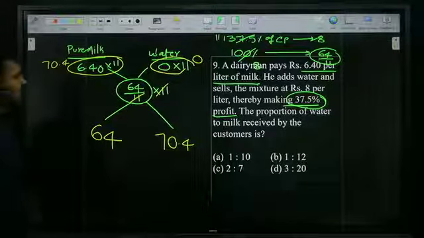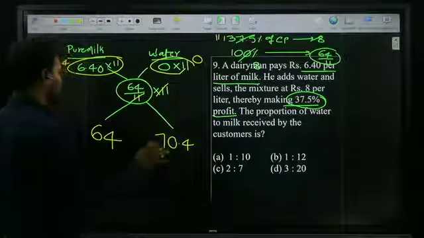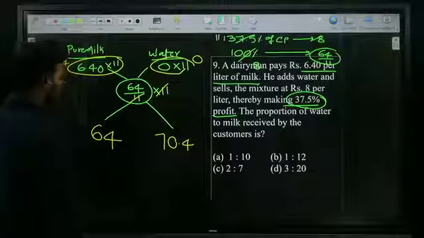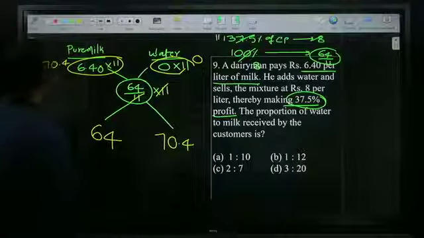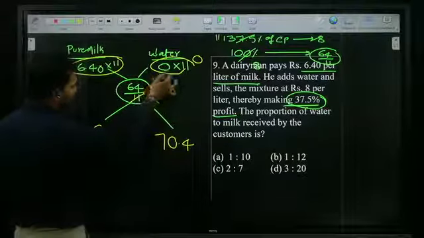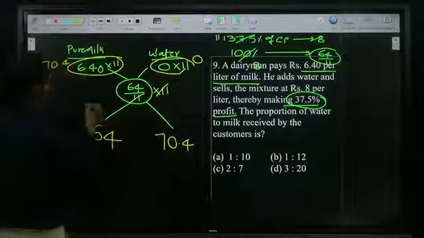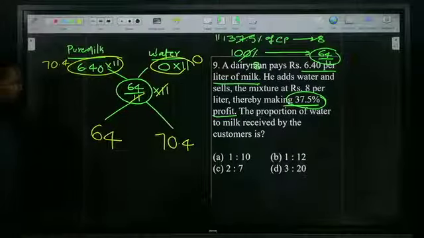Here they are asking the proportion of water to milk received by the customer. Water to milk. The difference here is 64, and this is 70.4. So which table to cancel?